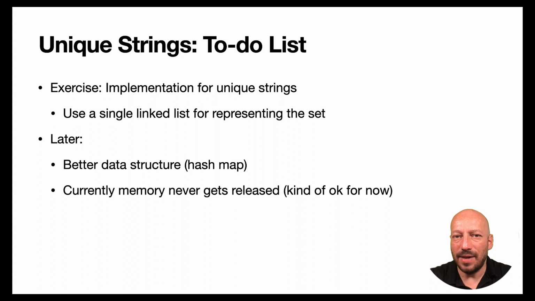A tool like Valgrind will state that some memory leak is actually in our program because we never released this pool of unique string objects. We will deal with this later, that we actually have a way to release memory of pools like for the unique strings, and also we will have other pools of certain objects, and we will deal with all of these problems in one sweep, but not now.